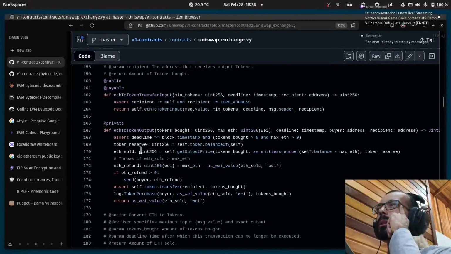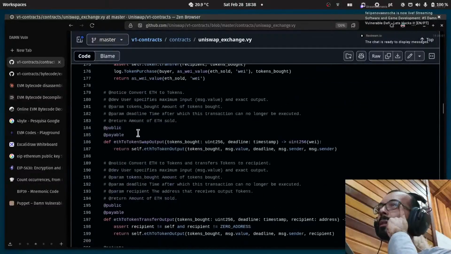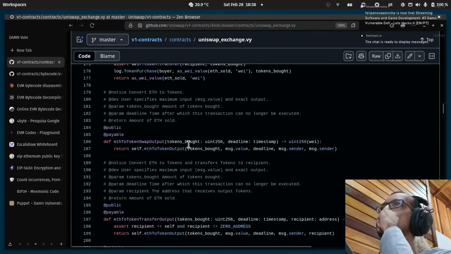That's outputs. I never really understand the input output naming in the functions. And that's private. That's output again, convert Ethereum to tokens. I think for output you need to do the amount of tokens.